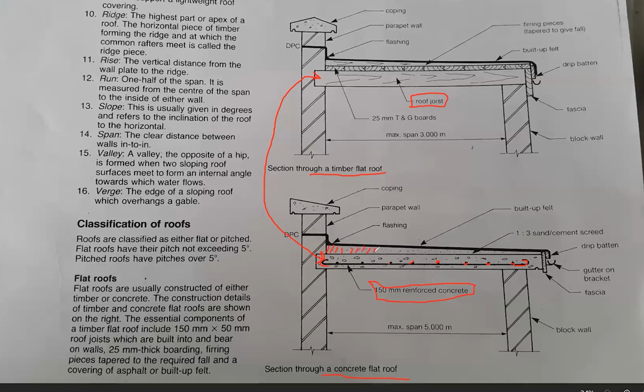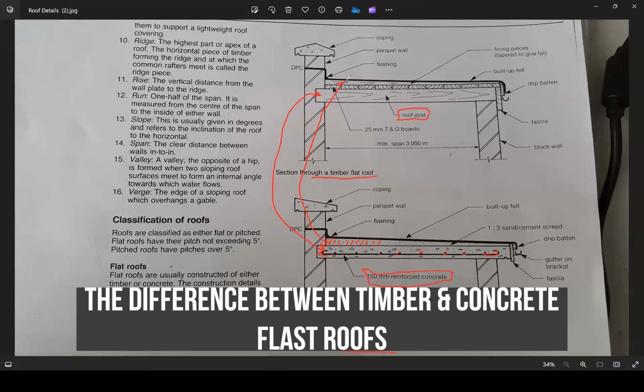This detail is made up of sand and cement screed, whereas this detail here is made out of a built-up piece of timber. Right? That's the difference. But after these two differences, the detail is pretty much the same.